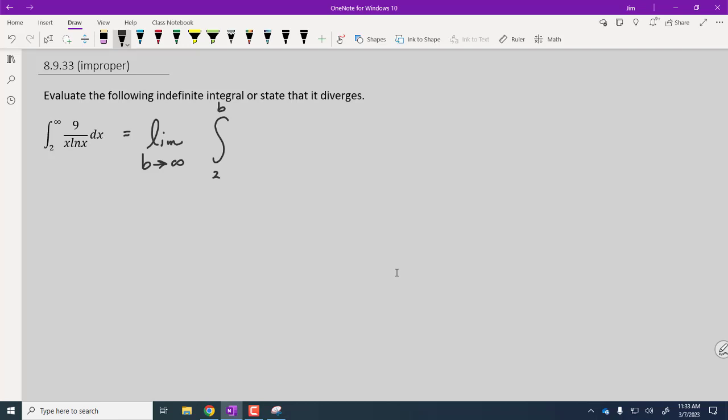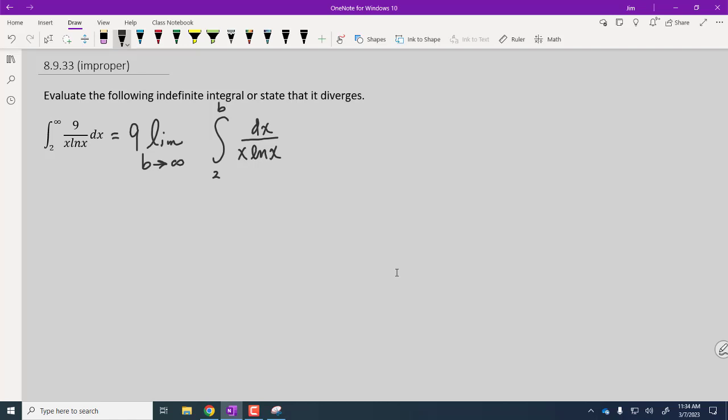The 9 can come out to the front, all the way out in front of the limit even. Let me make a little more space there so it's more obvious. And then this is dx divided by x ln x.